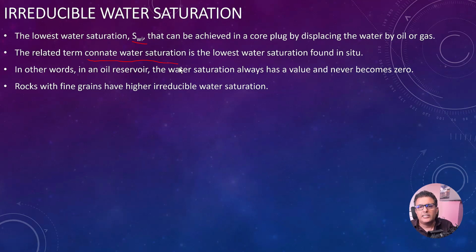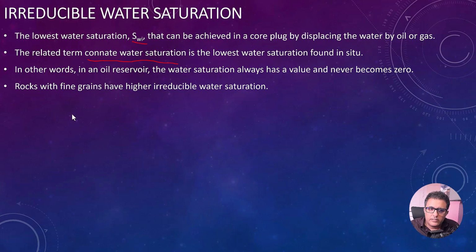Connate water is the lowest water saturation that we observe in a reservoir. So maybe you may consider irreducible water saturation is the theoretical lowest water saturation that we may achieve in the lab. But connate water saturation is the lowest value that we see in a reservoir, we observe in a reservoir.